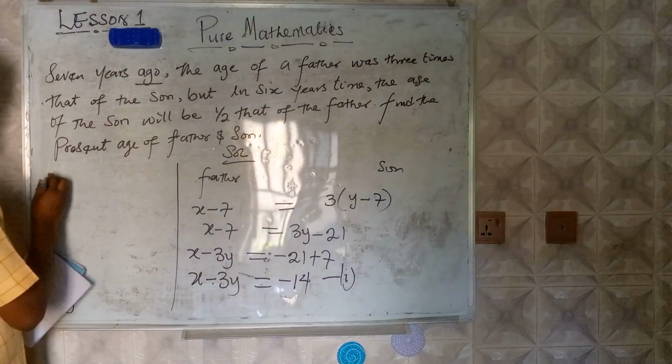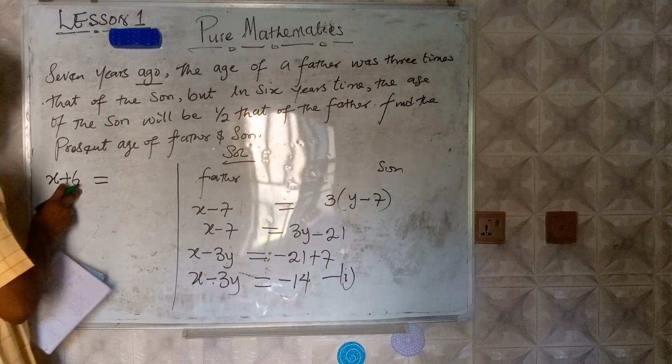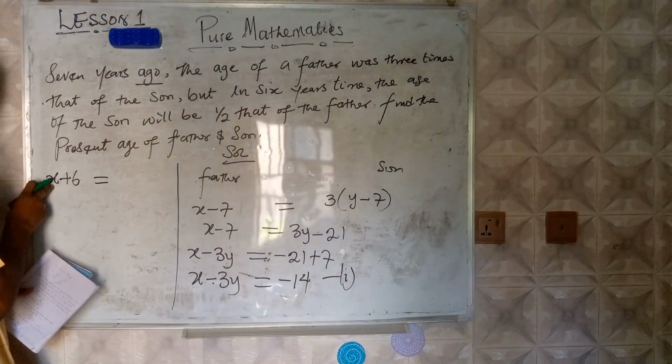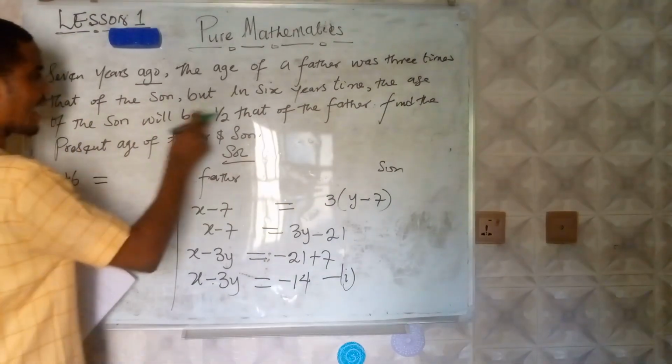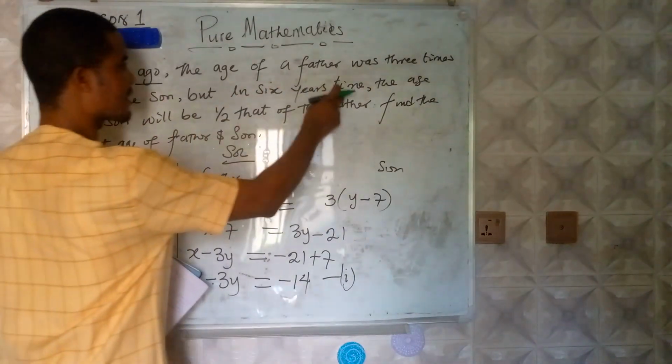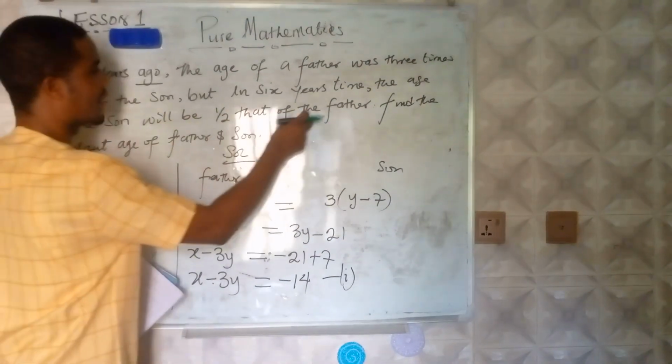So if the father is x plus 6 in 6 years' time, whatever the father's age is, if you add this 6, that's what it will give you, then it will be half.